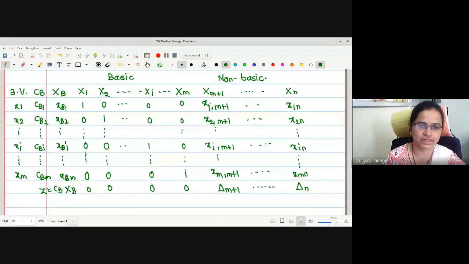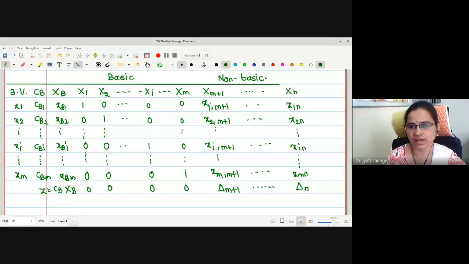You have to draw the table in a systematic manner like this. You have to draw all the lines. I am not going to draw it actually.